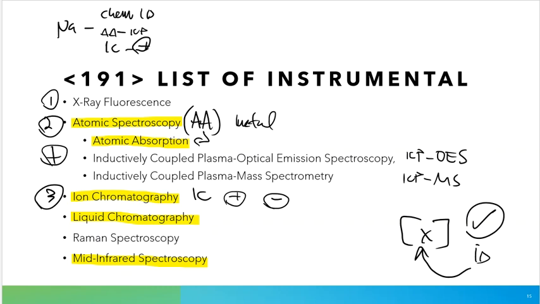Next up, number 4 is liquid chromatography. We abbreviate that as LC, but that really is HPLC, high performance liquid chromatography is what that stands for. Liquid chromatography is very commonly found in the identification pieces of some of these monographs.